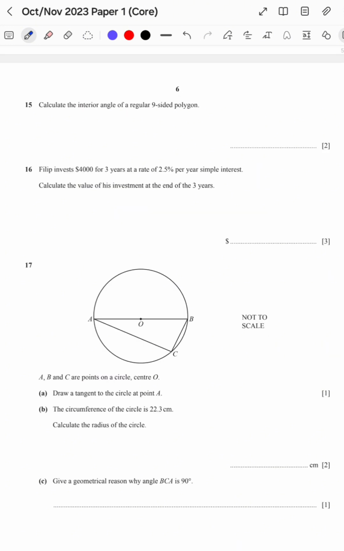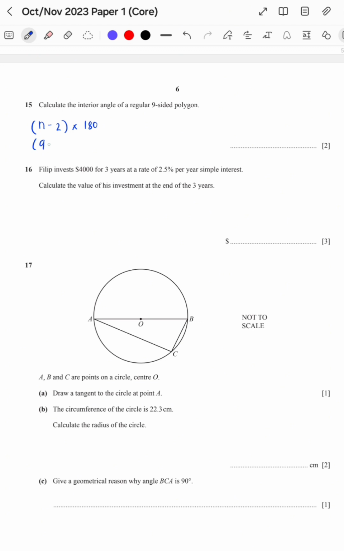For question number 15, calculate the interior angle of a regular 9-sided polygon. To find this, we have to find the sum of its angles divided by the number of sides. We have a formula for this: n minus 2 times 180.